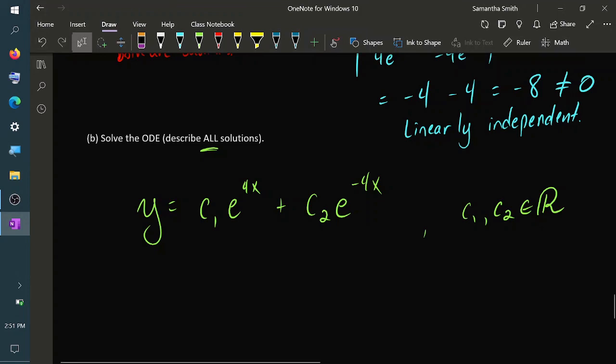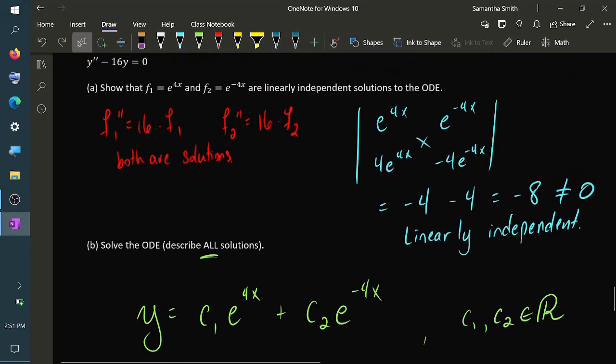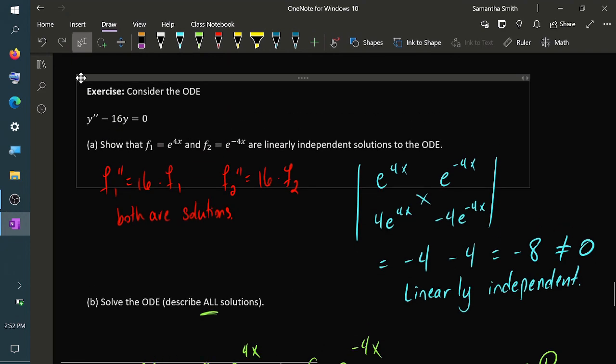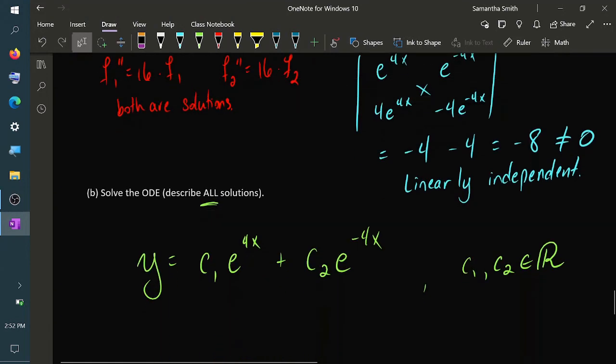Incredible. So that's what we'll be doing over the next several days. We'll be trying to figure out different ways to cook up a couple of linearly independent solutions to an ODE, so that we can combine those solutions to describe every single possible solution to the ODE.